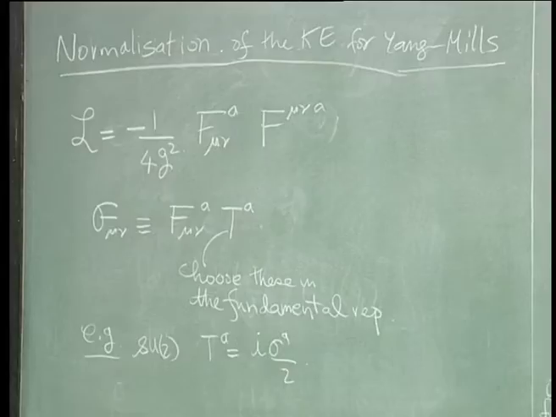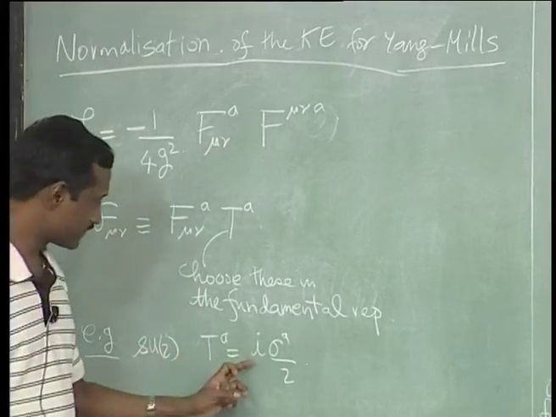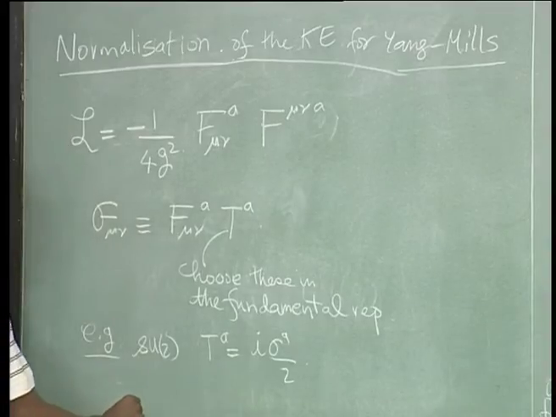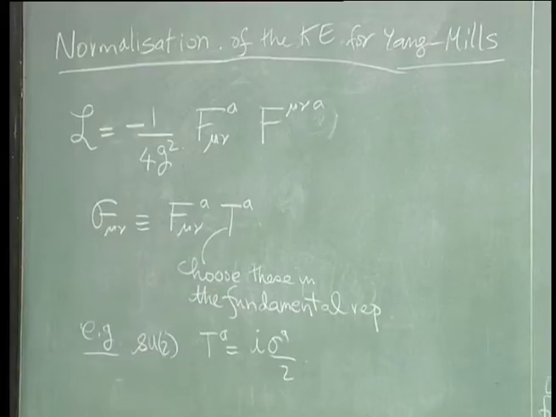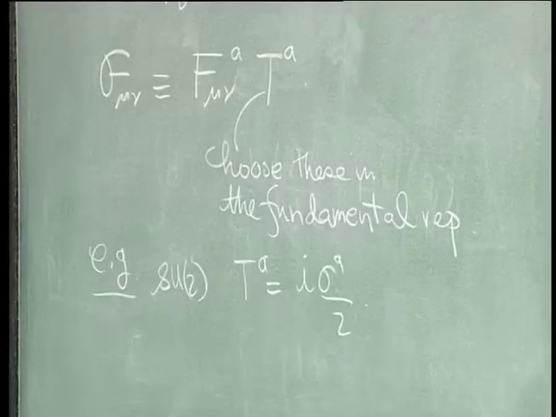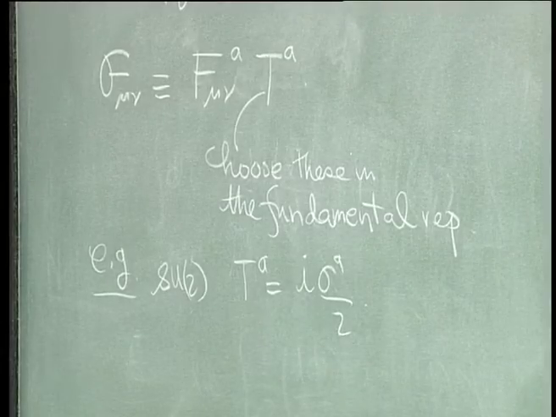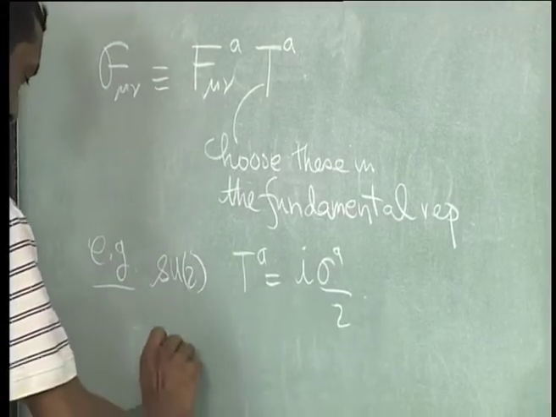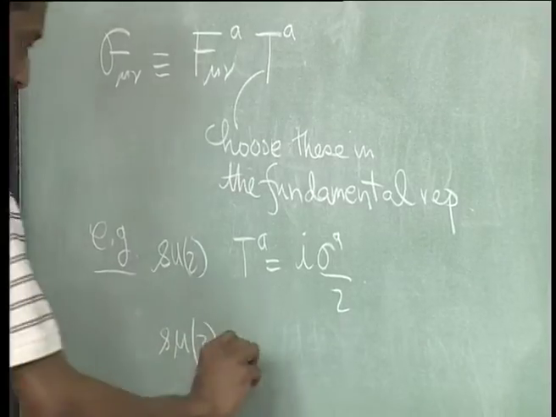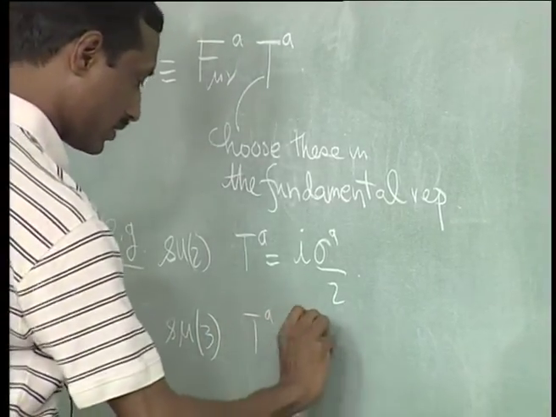Is this what we wanted to do? Do I want to do it this way? Yeah. So, it has to be skew Hermitian, perfect, good. For SU(2) it would be this, for SU(3) the T a's would be again the same thing.